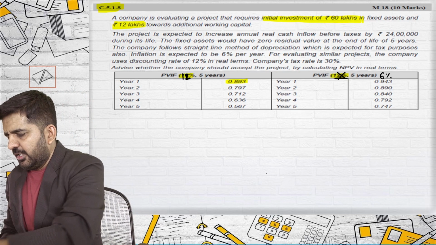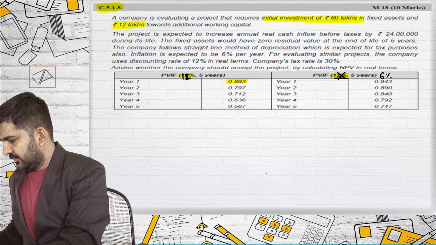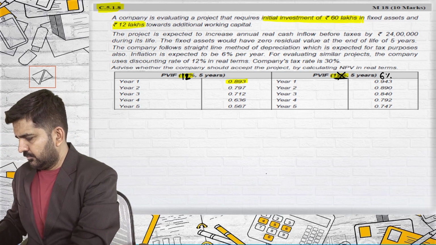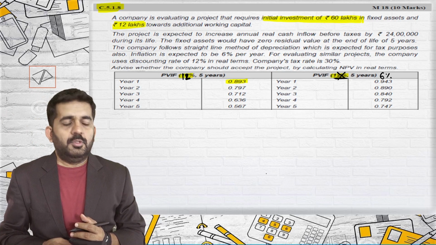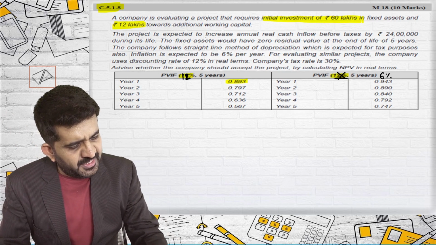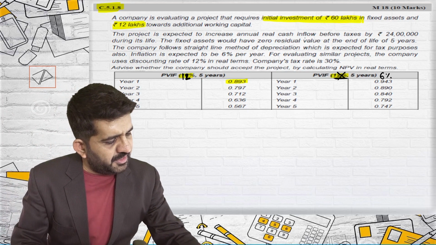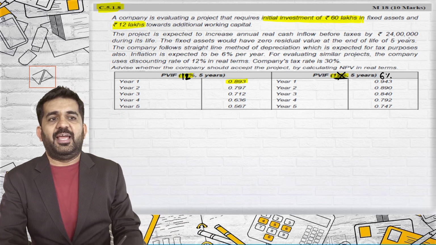So let us first find out just cash flows. What is given? Please try to understand. The project is expected to increase annual real cash flow before tax by 24 lakhs.